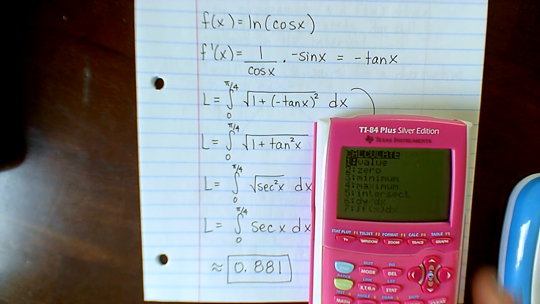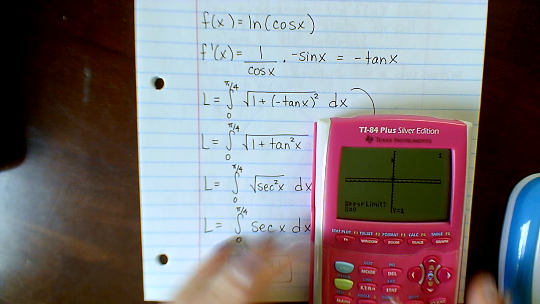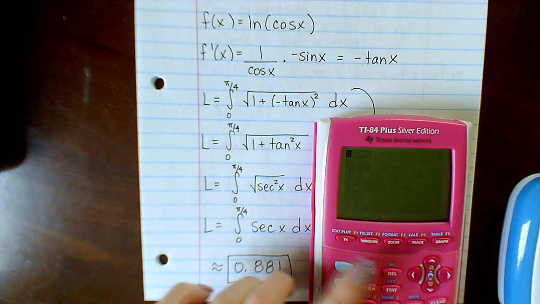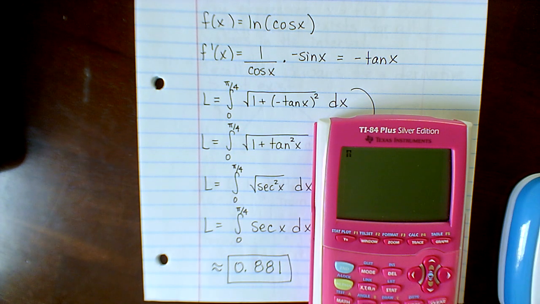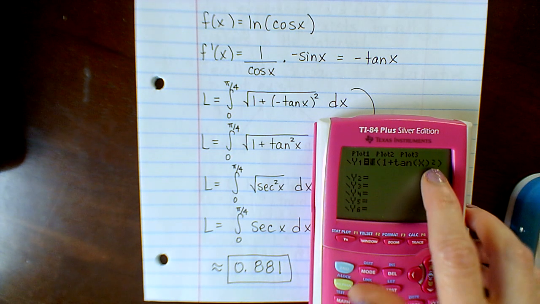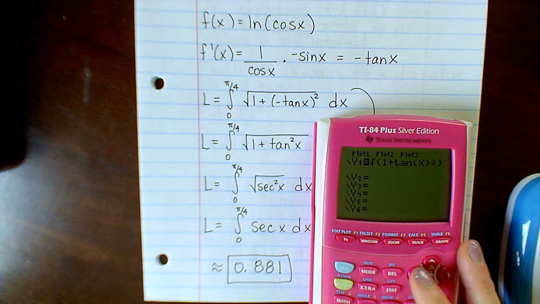Let's just see if it does. I'm doing this in radian mode here. Yeah, you know what? I feel like putting this squared right here is going to square that x instead of that tangent.